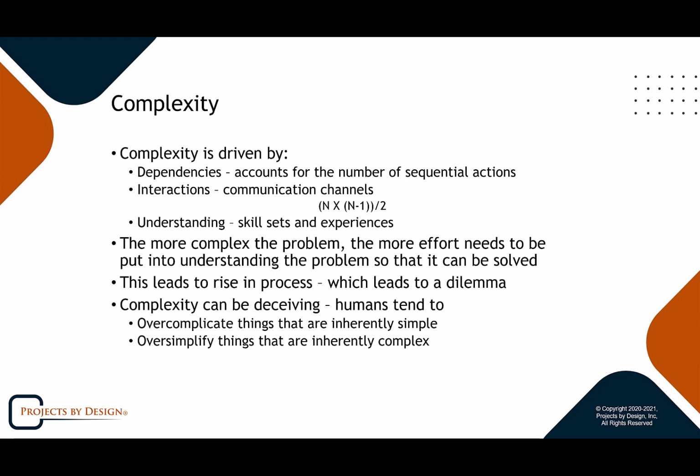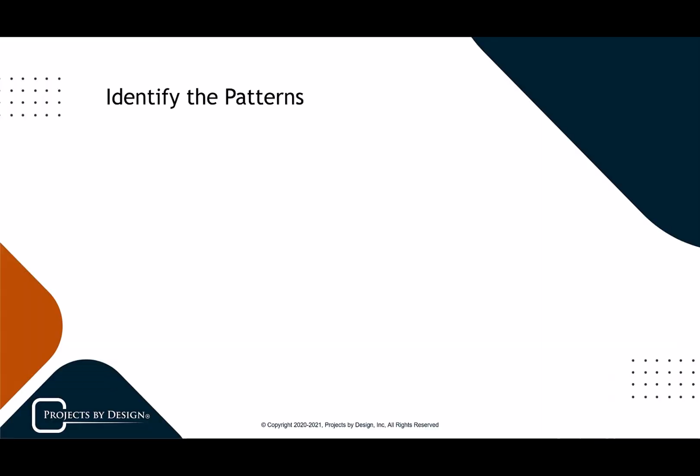So in order to identify the pattern that would be appropriate, we want to determine the complexity involved. And so what I typically do is look for dependencies: the technical dependencies, functional dependencies, and resource dependencies.